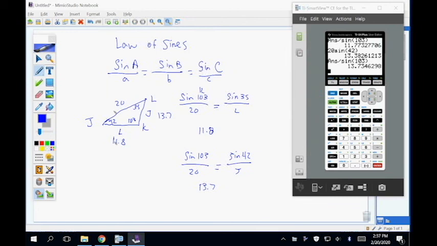So just like yesterday, you're going to have multiple answers to these problems. You're going to have an angle and two sides that you have to figure out. So the answer to this one would have been L equals 11.8, J equals 13.7, and angle J equals 42.